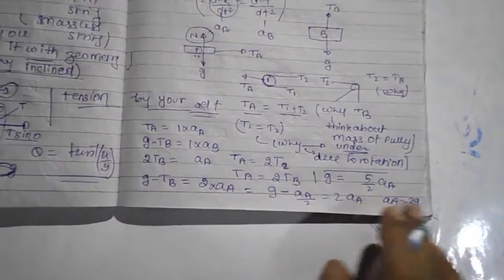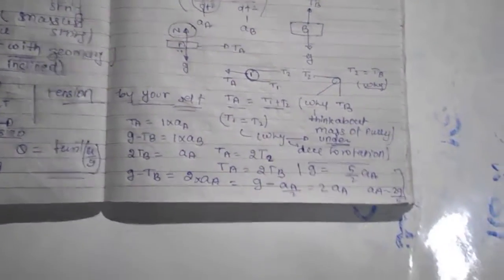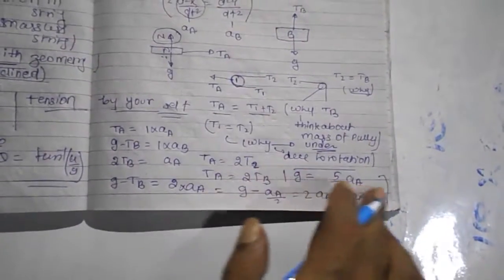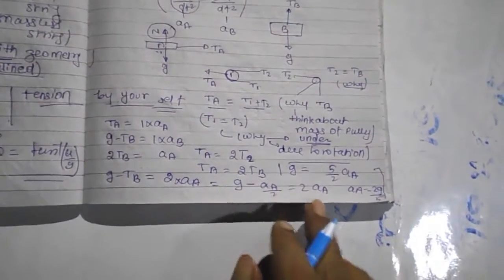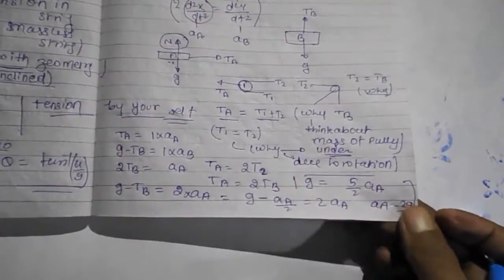You know, guys, nobody writes such a lengthy equation, but I have to write it because I don't know how brilliant you are. I do not want to skip the steps. Okay, so acceleration of A is equal to 2G by 5.